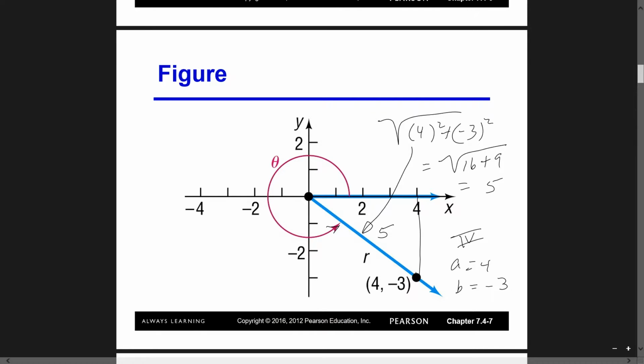We could now go ahead and define sine of theta is equal to B over R, which is minus 3 over 5. Cosine of theta is equal to A over R, which is equal to 4/5.